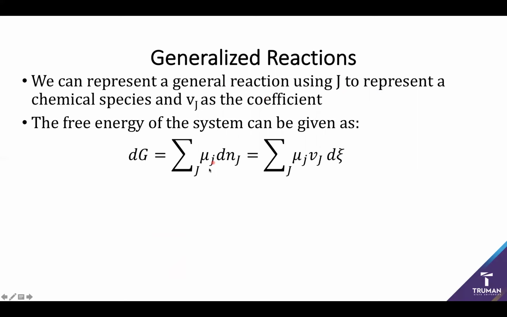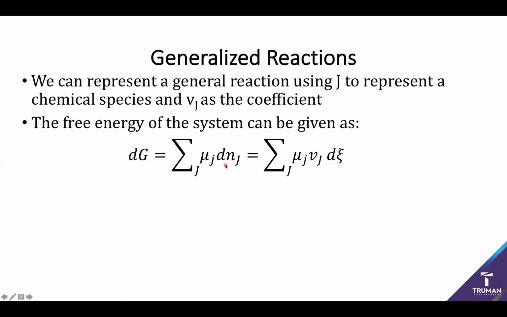And in this case, what I can do is provide the total free energy of the system with regard to the sum of any number of chemical constituents that may be present, either as products or as reactants. And simply that the total free energy of the system will be given as the chemical potential of each of these chemical components times how much of a change I'm seeing in each of these chemical components.